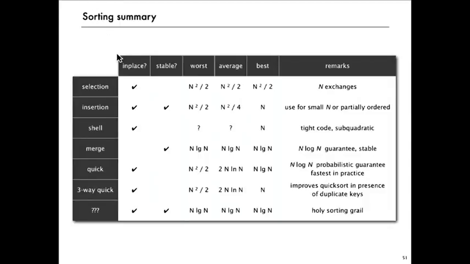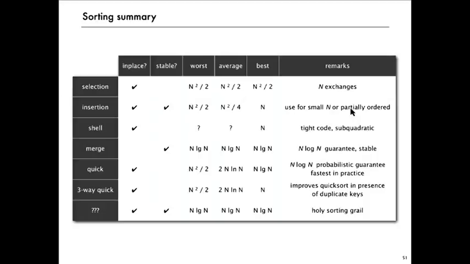For example, the top line, selection sort is in place. It always takes about n squared over 2 comparisons. And one of the things to remark about it is that it only uses n exchanges. And so forth. Insertion sort: best case linear, quadratic, in place and stable, and it'll work well if the file's small or partially ordered.